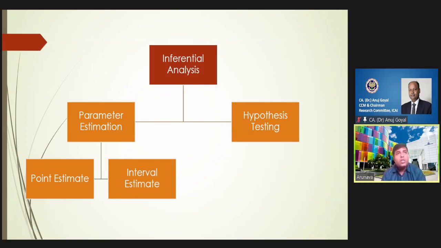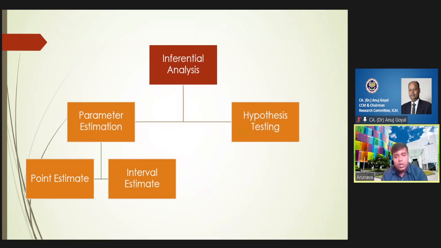Or there can be an interval estimate that gives us a confidence level that our population value may lie within this interval, based on whether we are ready to accept 95% or 99%.